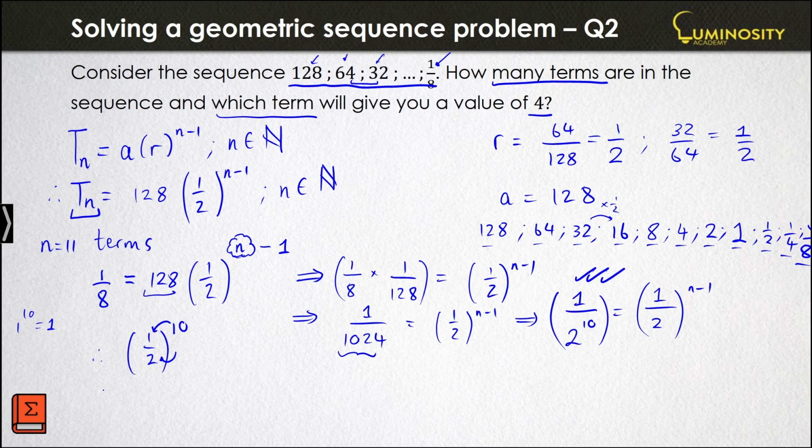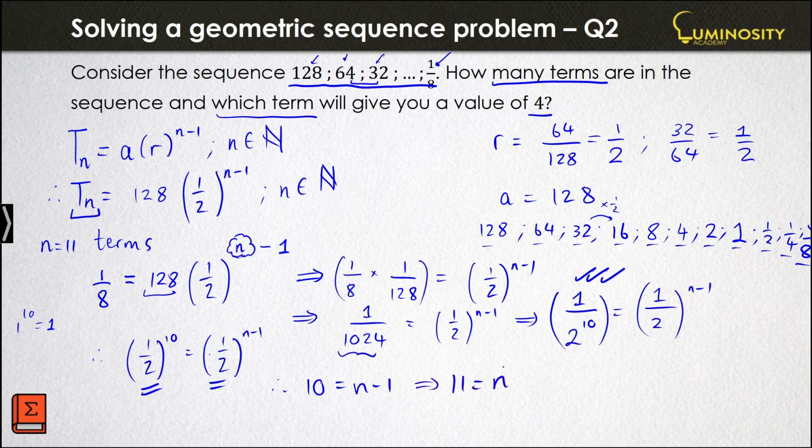So we have a half raised to the power 10 equals a half raised to the power n minus 1. Now the bases are the same, so I can equate the exponents. 10 equals n minus 1. If I add 1 to both sides, I get 11 equals n. And that is exactly what we verified when we expanded out the sequence manually. So therefore, you have a total of 11 terms in this geometric sequence.